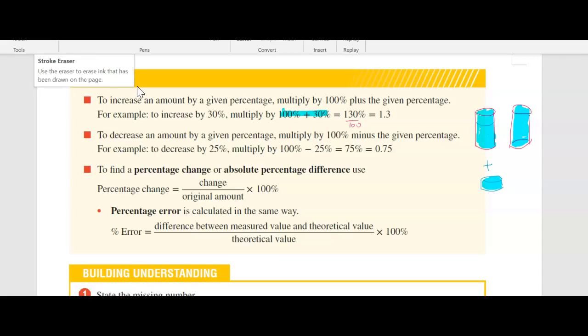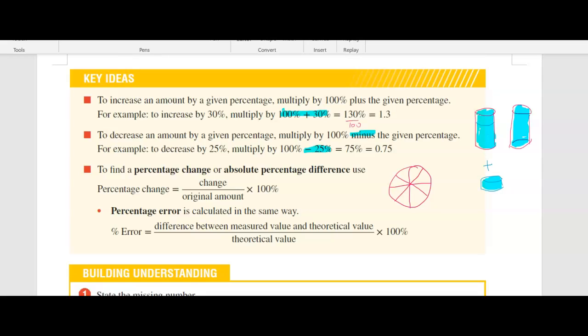Okay, so to decrease an amount by a given percentage, multiply by 100% minus, this is important, minus the given percentage. So if you wanted to decrease something by 25%, we're going to have to take that away. Again, if we thought of our drink, or maybe we can do something else. Let's think of a pizza. So there's my pizza cut into 8 slices.